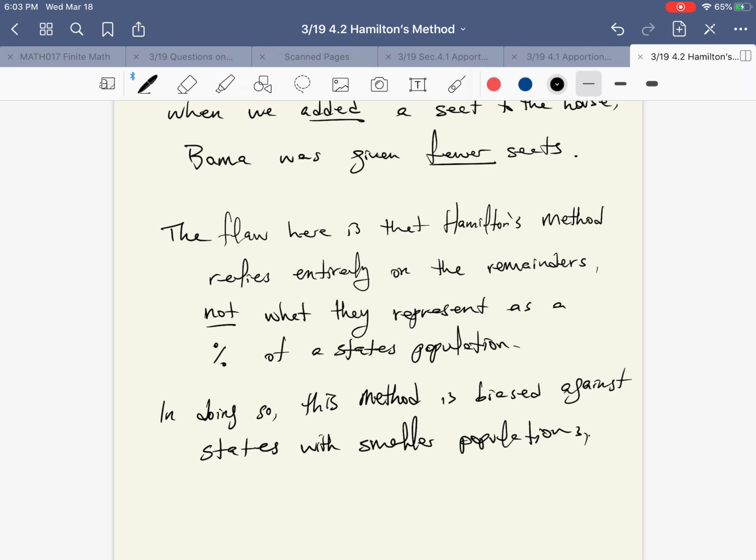And a good apportionment method should be population neutral, as we say.